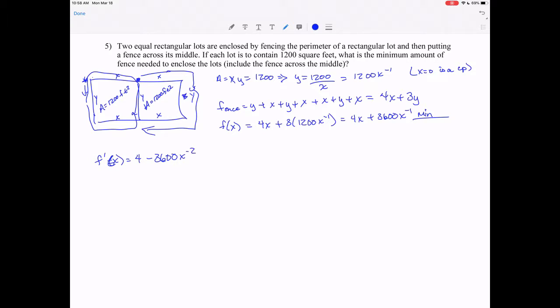All right, set it equal to 0. Pull the 3,600 to the other side. Multiply both sides by x squared.